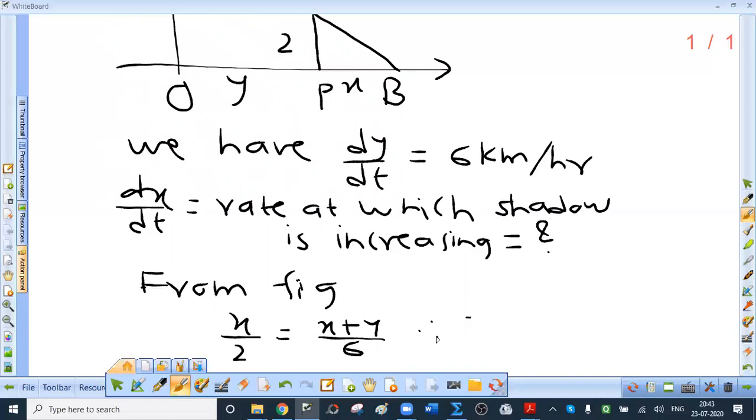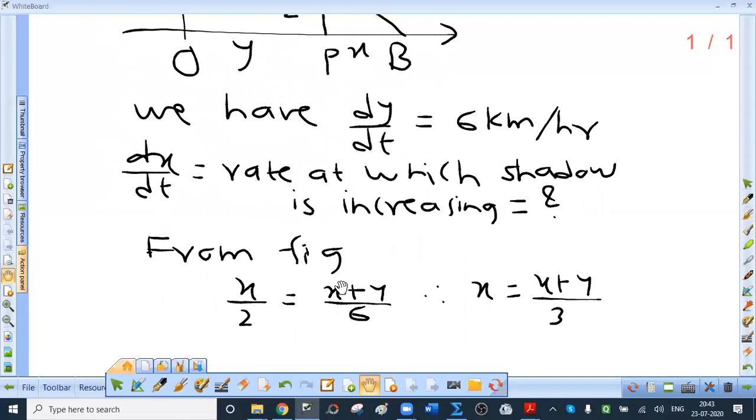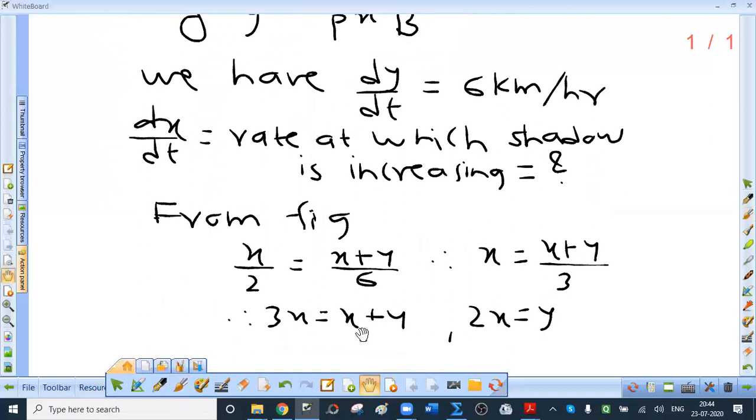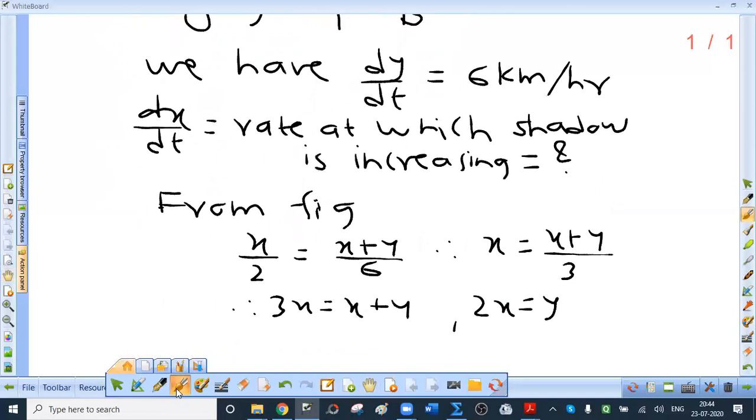Therefore, x equals x plus y upon 3. Rearrange the terms. Therefore, 3x equals x plus y, that is 2x equals y. So x is nothing but half y.